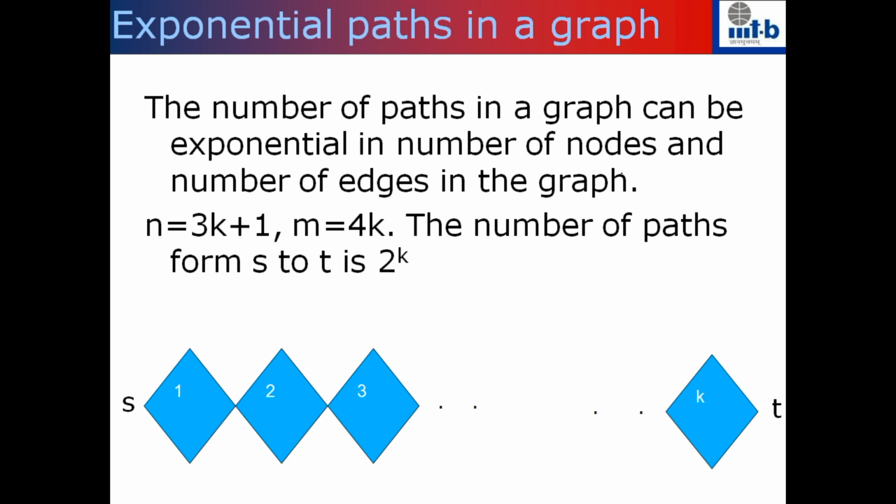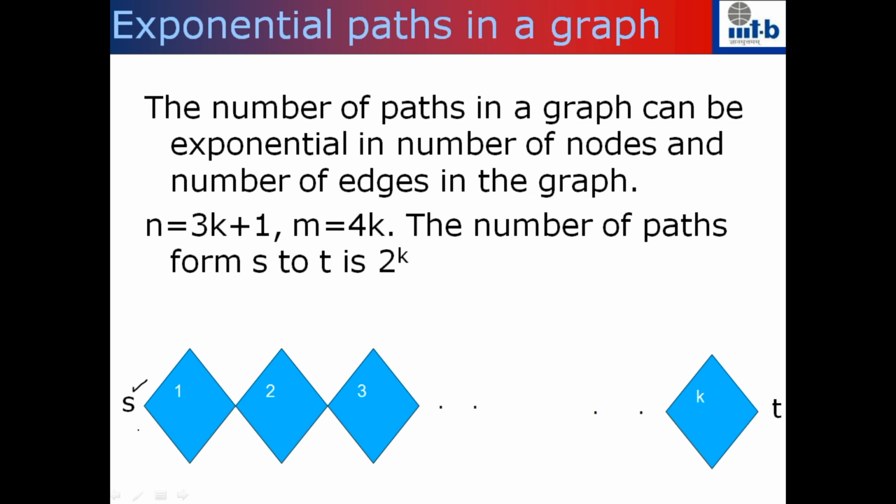Let's quickly look at this example. I have a source vertex S at this end. I want to go from the source vertex to the destination, which is T. There are k blocks. So this is block 1.